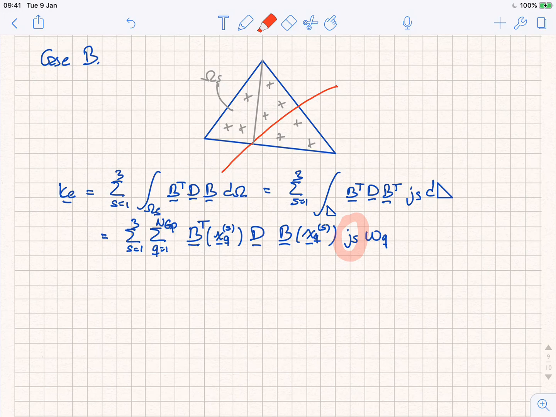Yeah, so that Jacobian is the Jacobian of the integration element. But there is something very important, which is that the functions that we're integrating are actually the functions that belong to this element, to the main triangular element. Right? Are you following me?